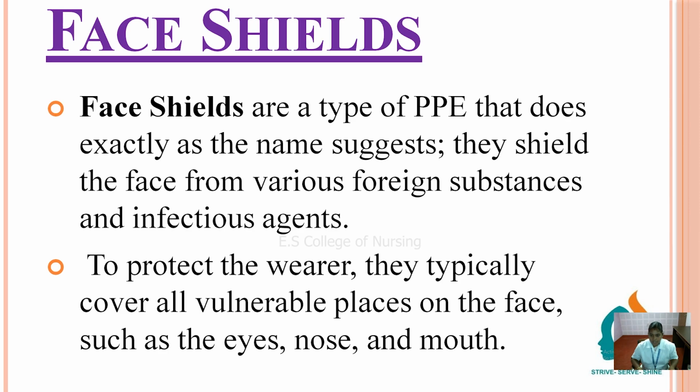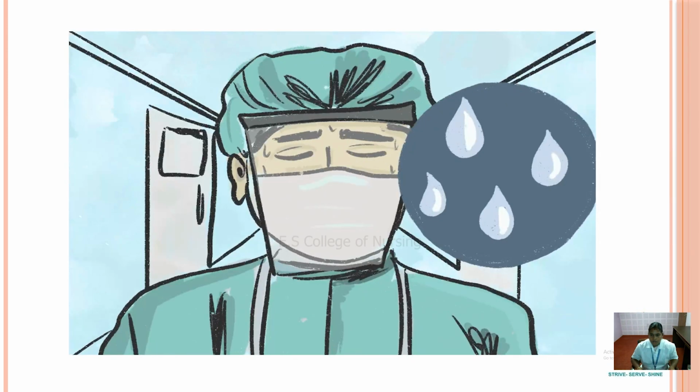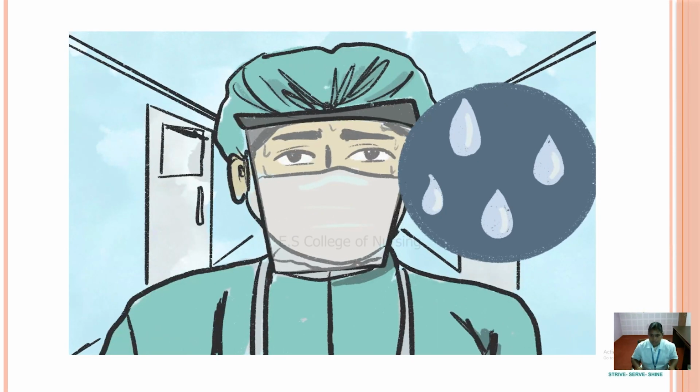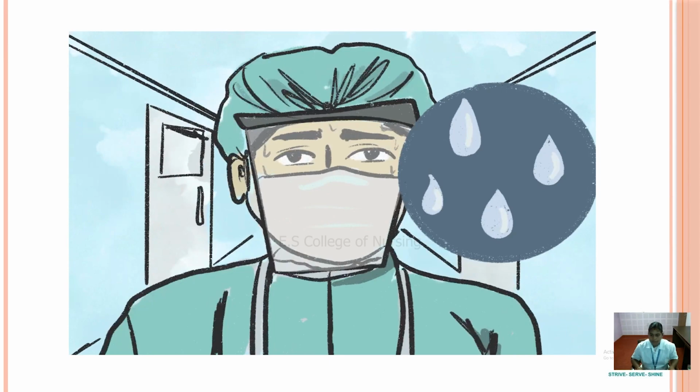So in our face, the eyes, nose and mouth are vulnerable, and we can prevent infection through this face shield. So this is a picture showing the face shield. This is another picture. We want to wear the face shield above the face mask. We won't wear the face mask above the face shield.